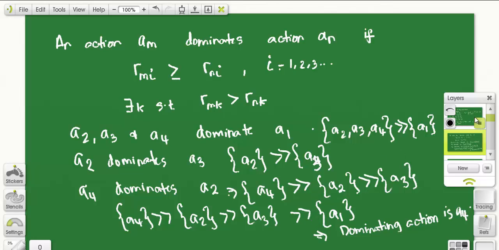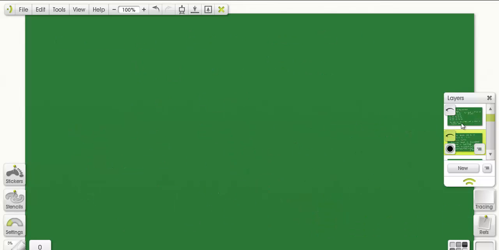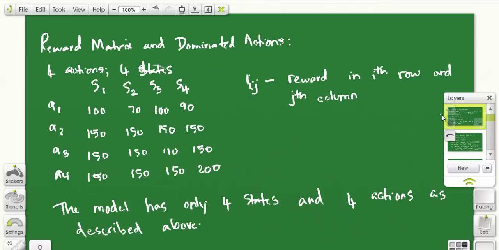You don't have to pursue this process in finding a dominating action given a state-space model. All we have to do is to observe a matrix and come to a conclusion and identify if there is a dominating action. Some students can just look at the matrix and immediately conclude that the dominating action is A4.